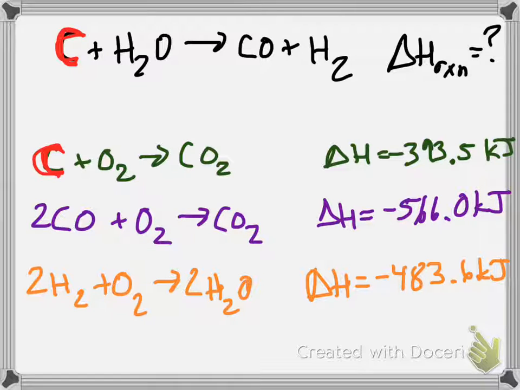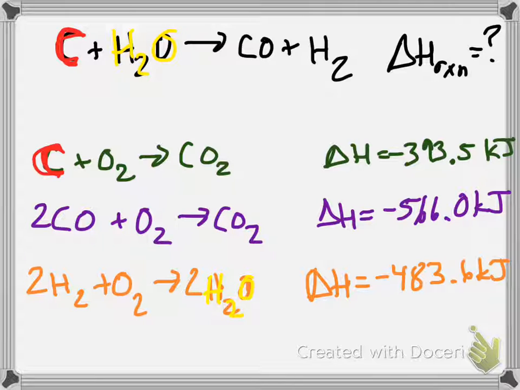So now we have water, H2O, and the only time H2O shows up is in our last reaction, in that orange reaction. But notice, in the black reaction, the water is a reactant, and we have 1 mole of it. In our orange reaction, the water is a product, and we have 2 moles of it.